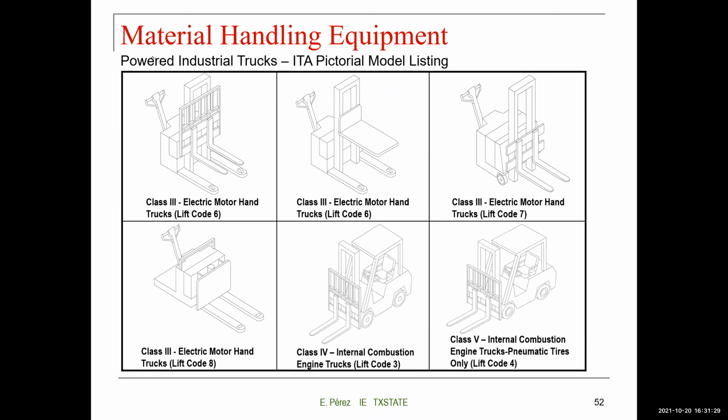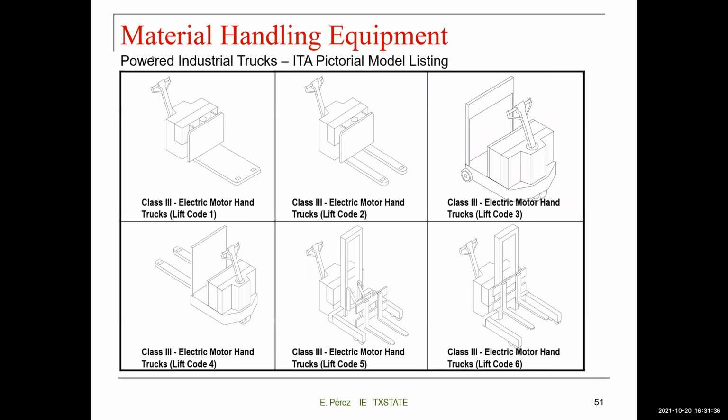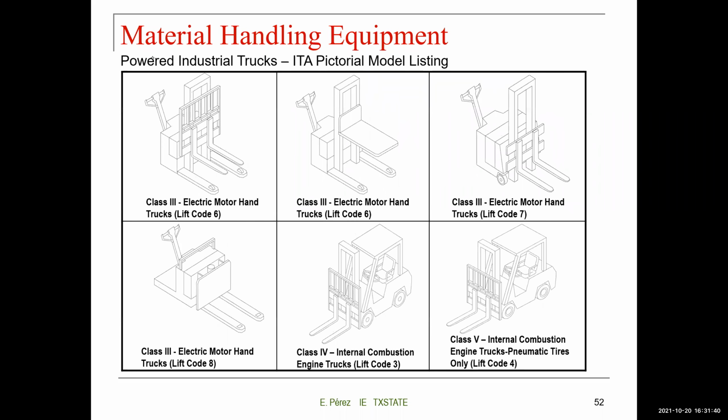Class 4, this right here is for internal combustion, so you can see the difference from the electrics. Right? They don't occupy as much space. So these are designed to move more weight.